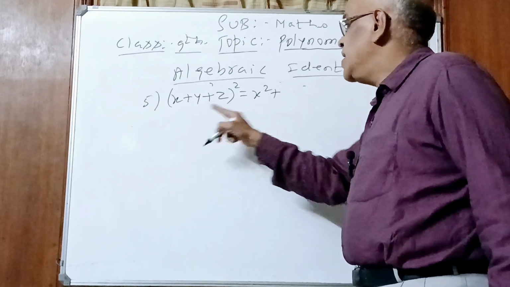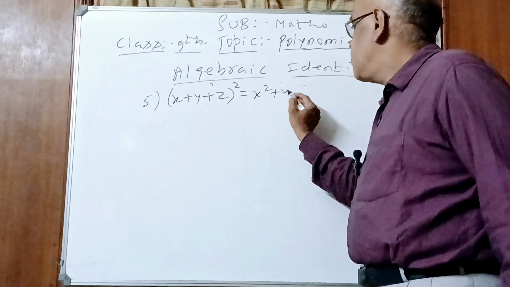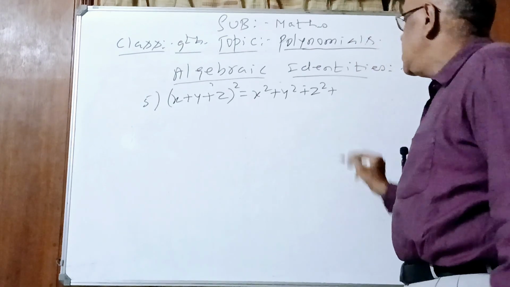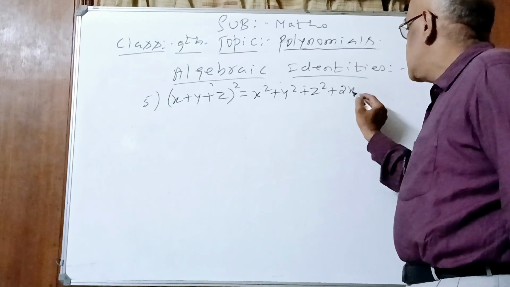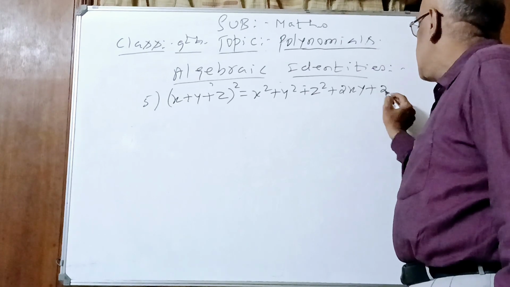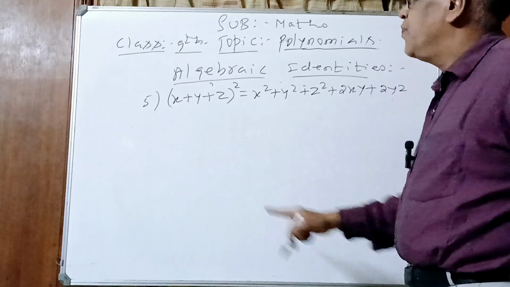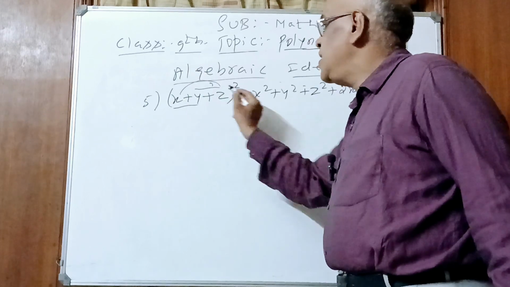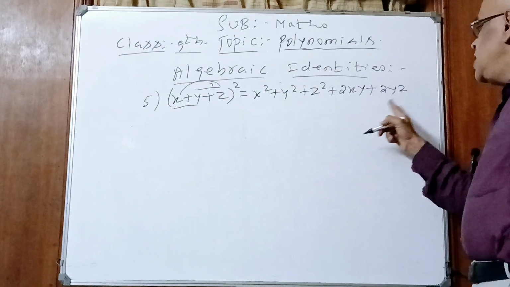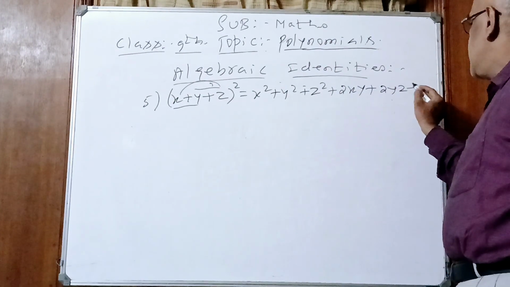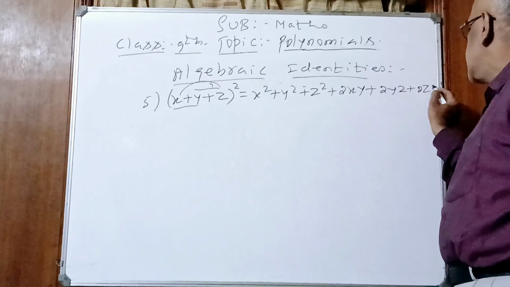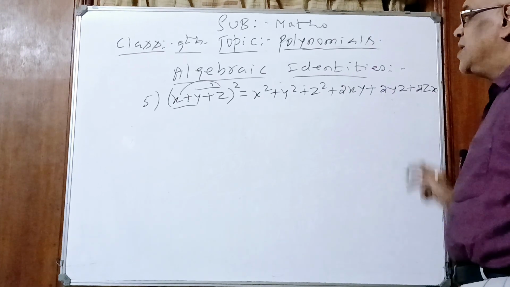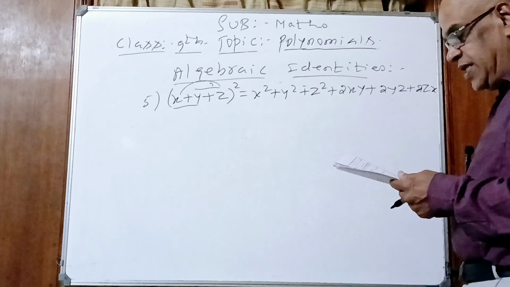There are three terms. Square of first term, square of second term, square of third term, plus 2 times the first two terms, x and y, 2 times the next two terms. xy once you take, yz you take once, again you take xz. 2xy, 2yz plus 2zx, or 2xz. This is the answer for this identity, children.